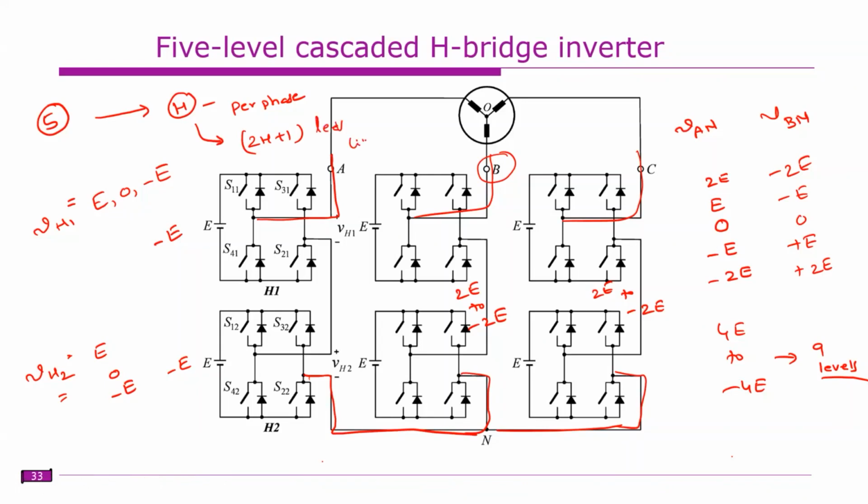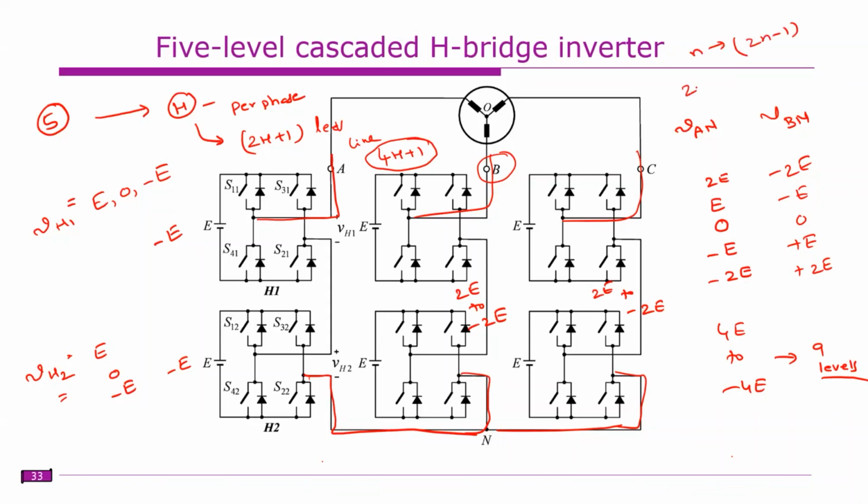So how many line voltage levels can you get? What are the maximum line voltage levels you can get? Will it be 4H plus 1? If you have n number of levels, you can get 2n minus 1.